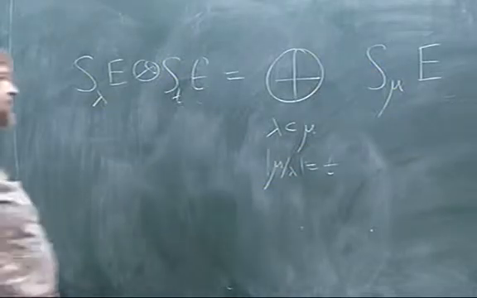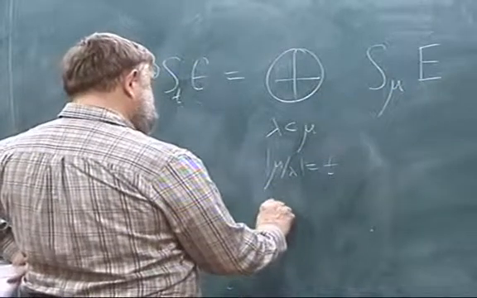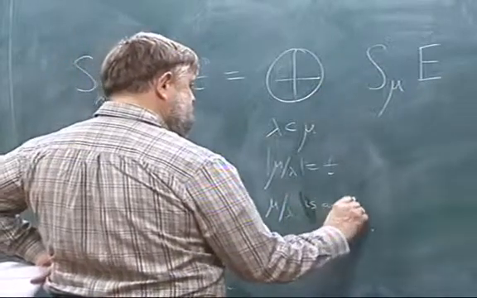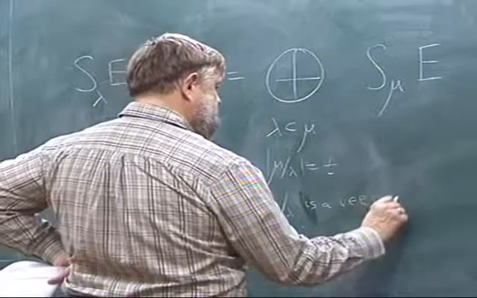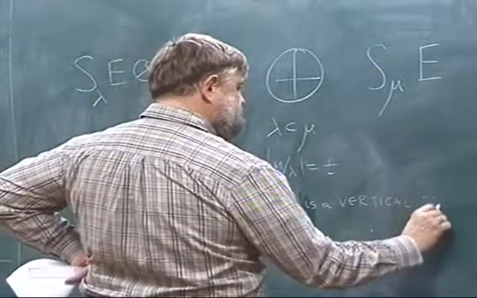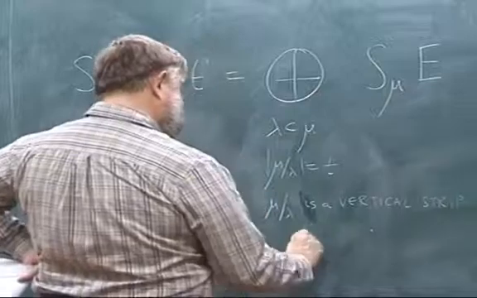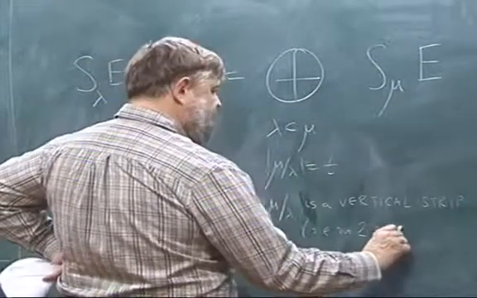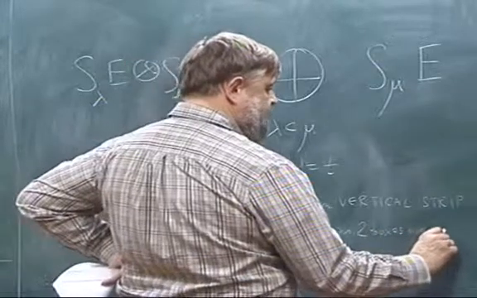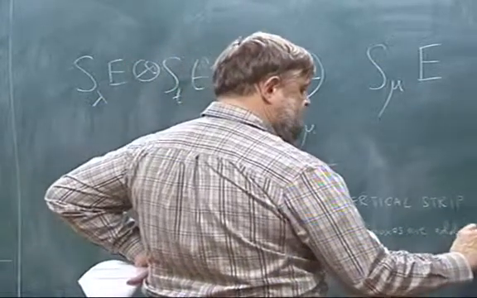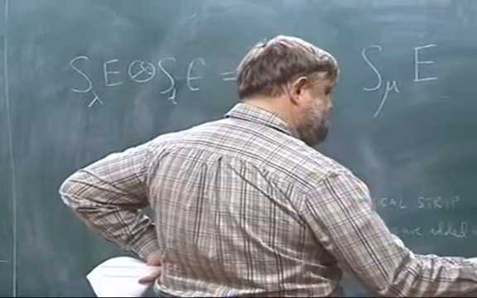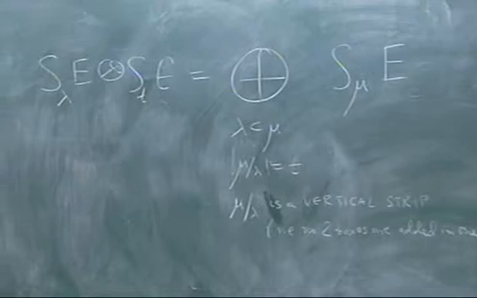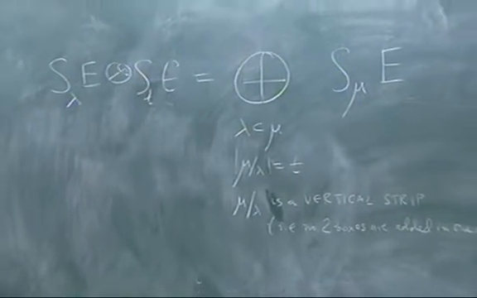And mu divided by lambda is a vertical strip, i.e. no two boxes are added in one row.